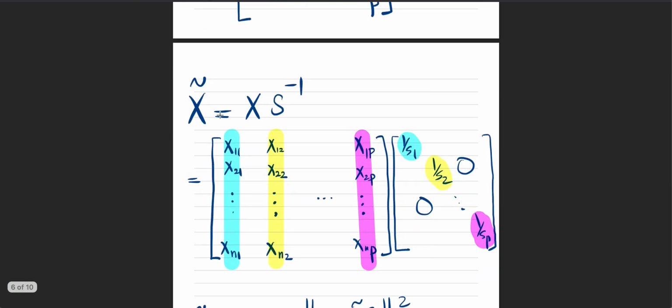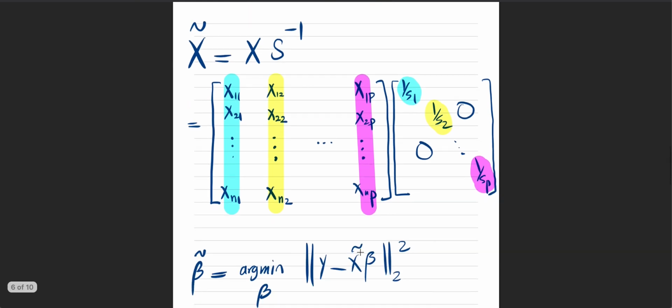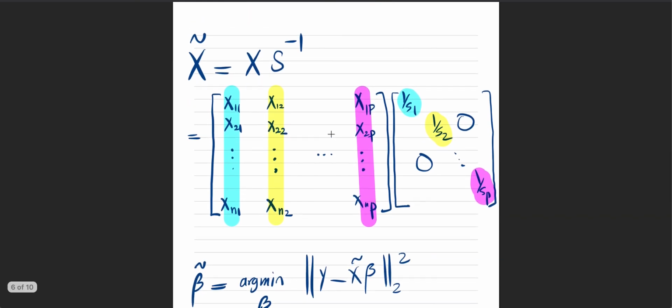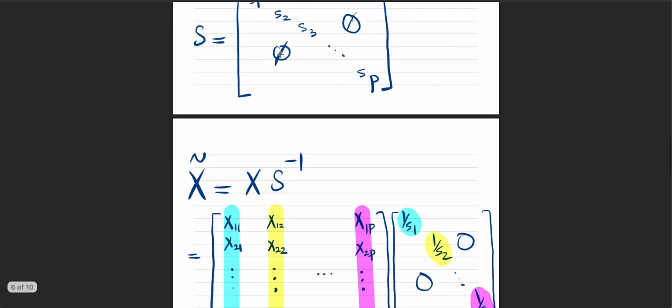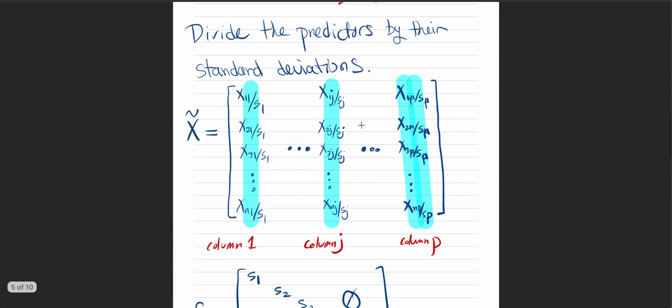So all we need to do is multiply X by the inverse of S. S is diagonal, so the inverse is just 1 over S1, 1 over S2 to 1 over SP. This is the first column, so this will be multiplied by this. This 1 over S2 will be multiplied by this, and this 1 over SP will be multiplied by this. Okay, so X tilde is just a multiplication of these two matrices.